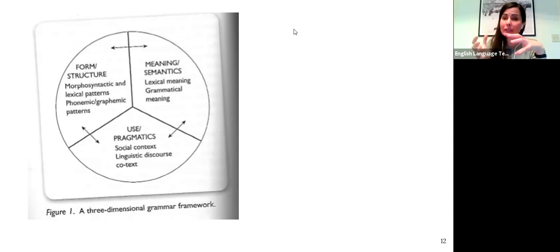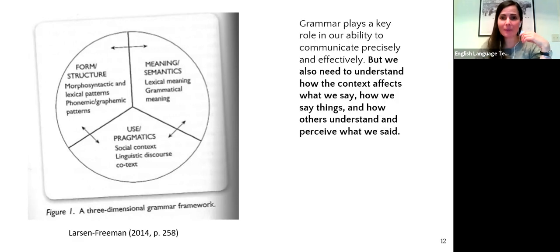And usually grammar tests only focus on the form and the structure part of the pie here, right? And that shouldn't be the case. We should be teaching and testing our students in all these three dimensions, because that's language, right? That's not just grammar, it's language, how you use language. So here.